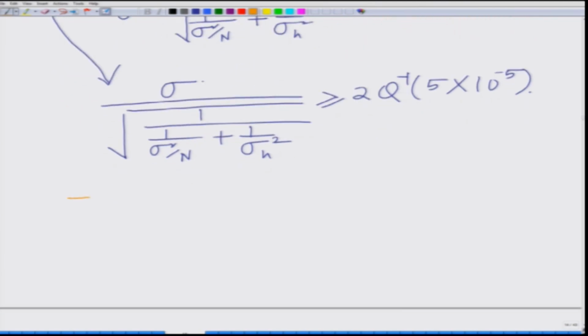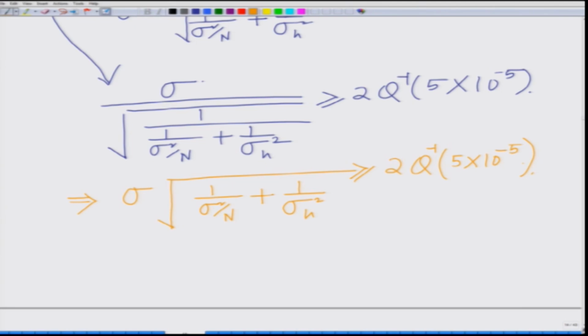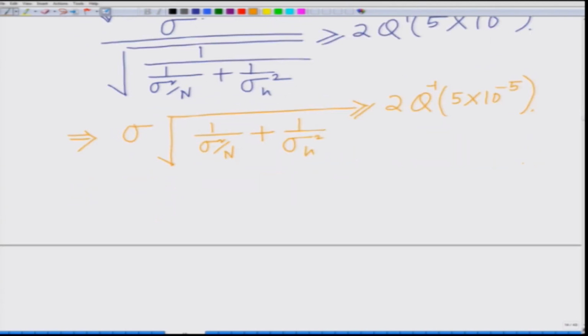This implies that sigma times square root of 1 over sigma square by n plus 1 over sigma h square should be greater than or equal to twice Q inverse of 5 into 10 to the power of minus 5. Now, take the sigma inside.